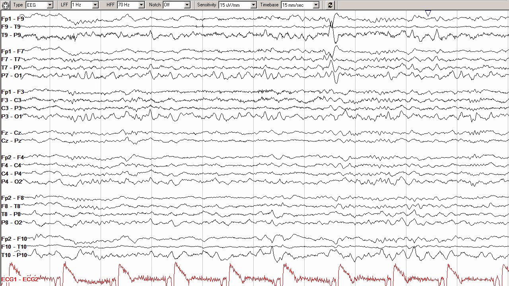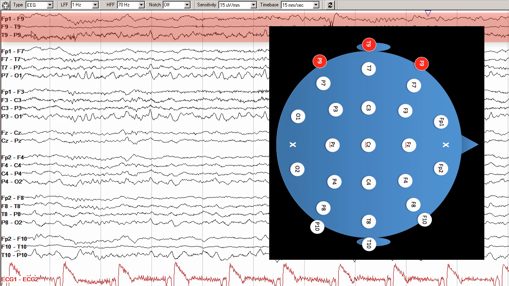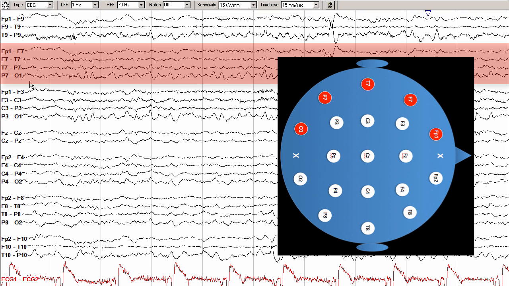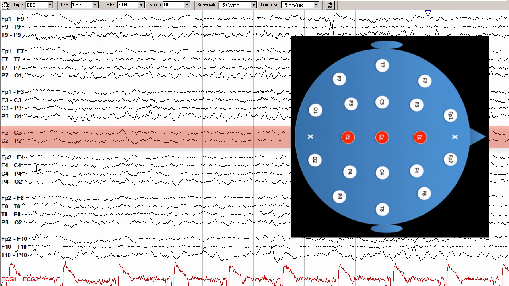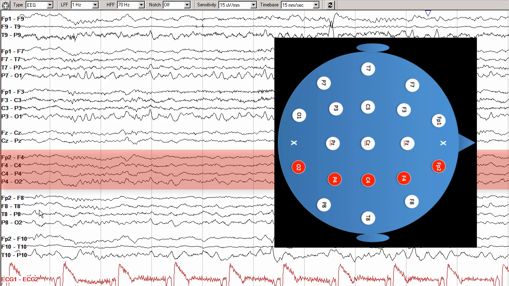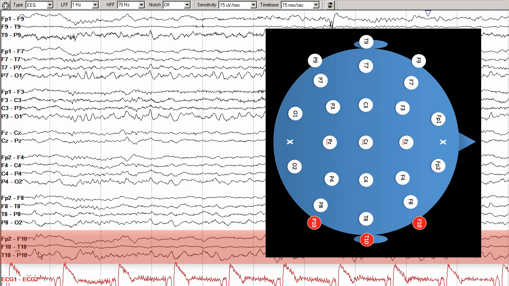I have chosen this study to look very carefully at the characteristics of an epileptiform discharge. To review briefly, this is an anterior-posterior bipolar montage, except in this case we have some additional electrodes. Starting from the top, we have a left inferior temporal chain, then the regular left temporal chain, then a left parasagittal chain, then midline, then right parasagittal, then right temporal, and then right inferior temporal.